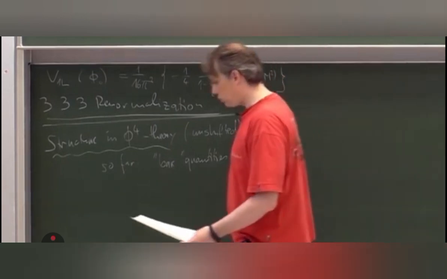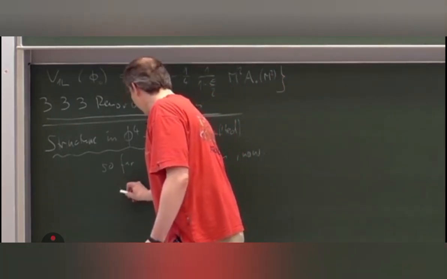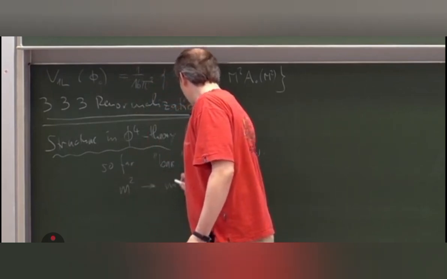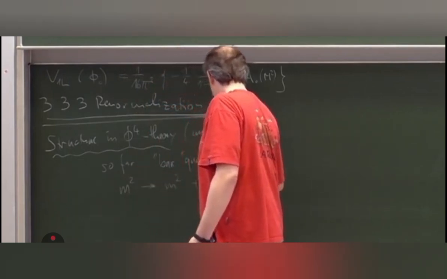we apply a renormalization transformation, which means that the mass square parameter m square goes to m square plus delta m square.